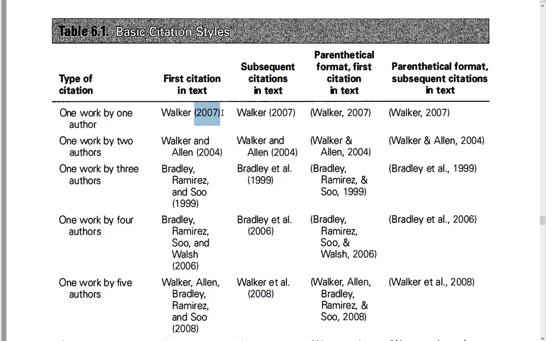One thing that I also want to highlight right here is the last name of the author and the year always go together. So I should never see something where you say Walker, and then at the end of the sentence, like, 25 characters later, it has the date. No, the date and the name always are together. In any subsequent citation, it's just Walker and then 2007.